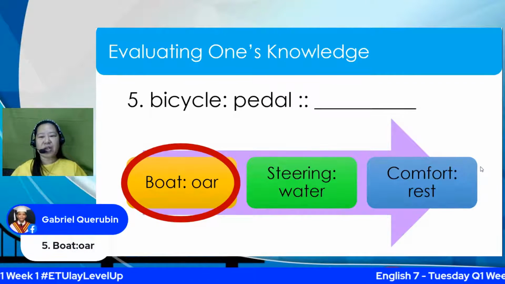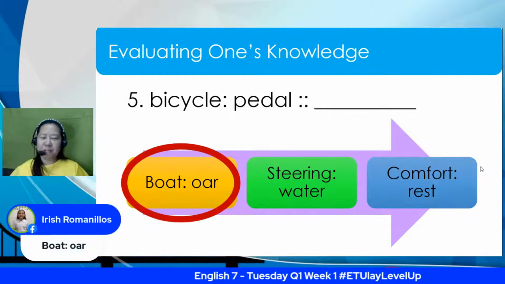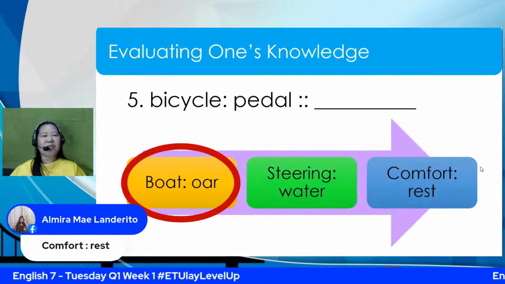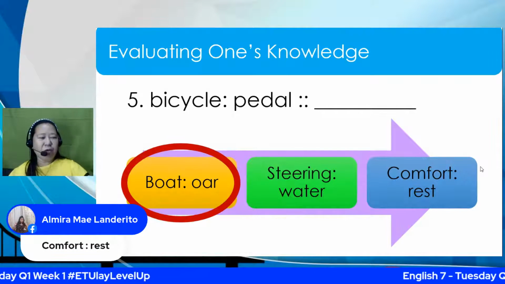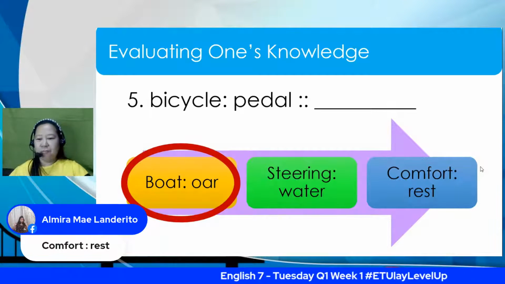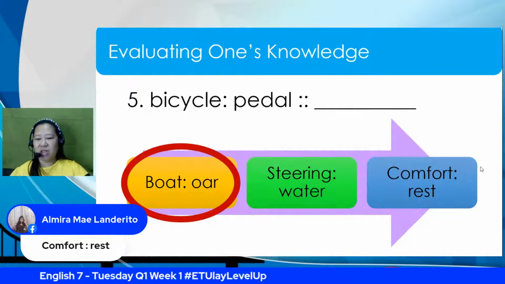Now, let us check how many got the correct answers or how many got a perfect score. If you got a perfect score, please comment with a thumbs up. So I will know who got, or are there so many people who got a perfect score for our activity in evaluating one's knowledge.